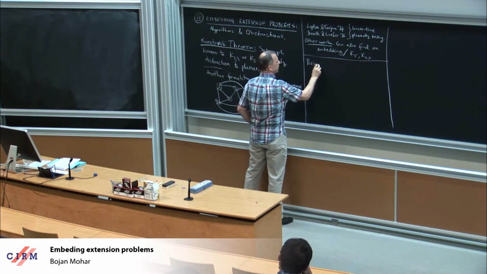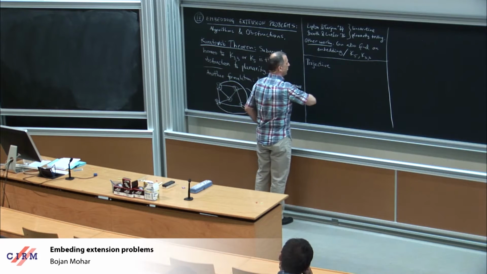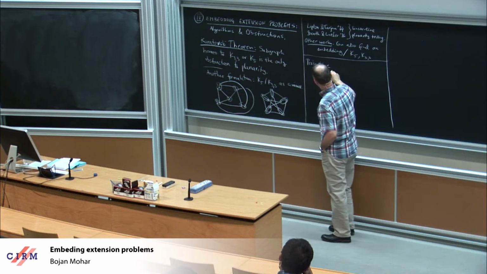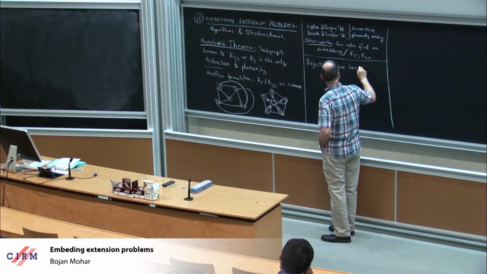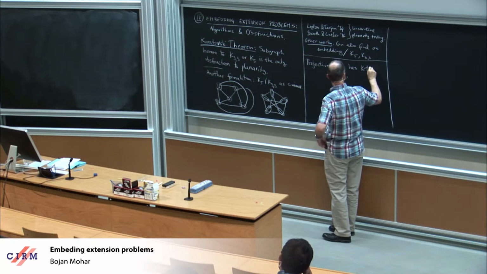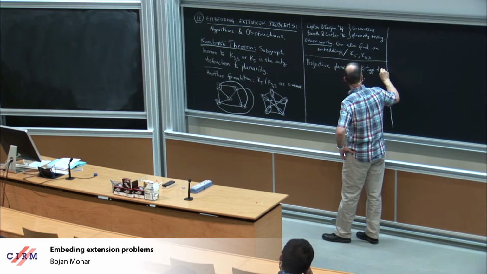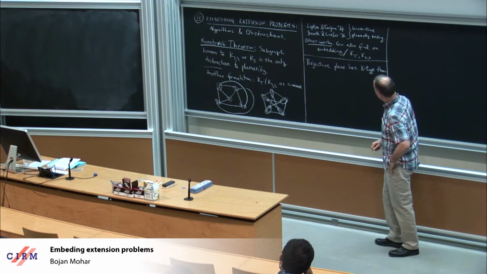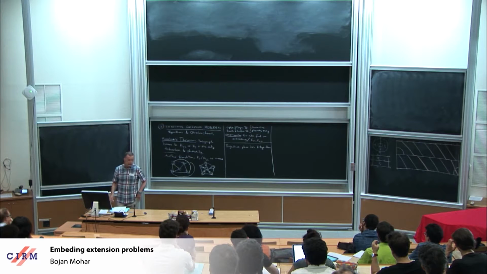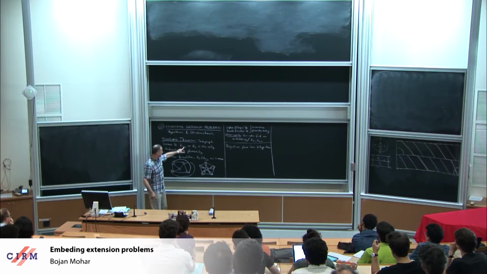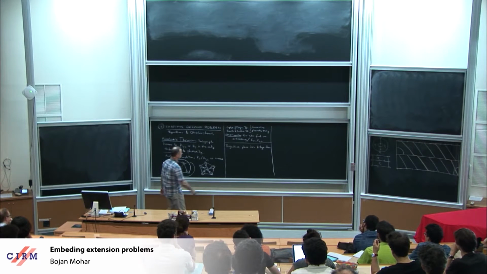Indeed, Archdeacon found that the projective plane has a Kuratowski type theorem. That was proved and classified. The graphs were classified. Instead of these two, you get more graphs, by Archdeacon.